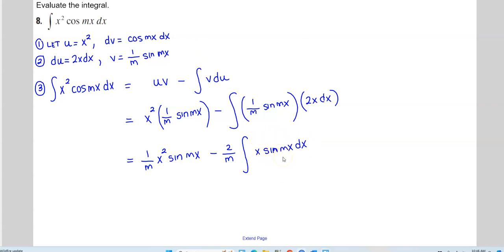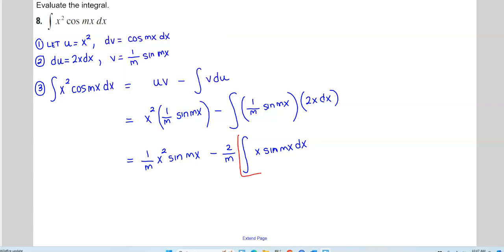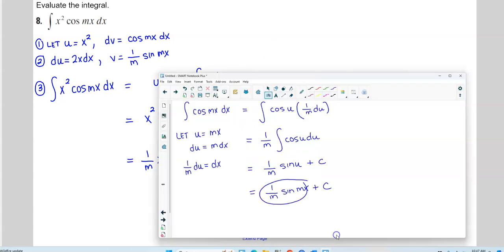Okay, so now we're going to have to take the antiderivative of this. So let's go ahead and do that.